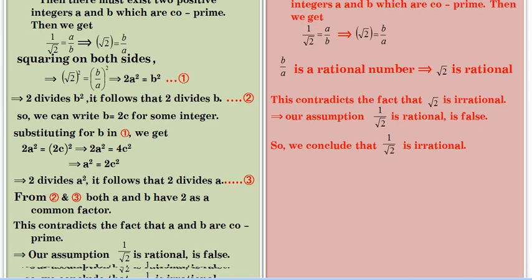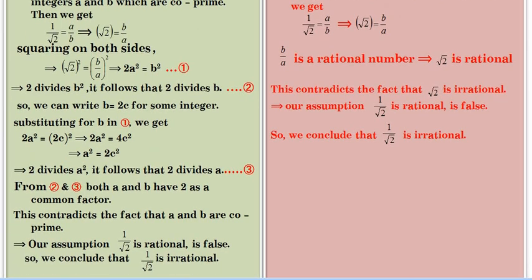So it follows that our assumption is false. What is our assumption? The first statement, 1 by root 2 is rational. That assumption is false. So if it is false, what should happen? 1 by root 2 should be irrational.